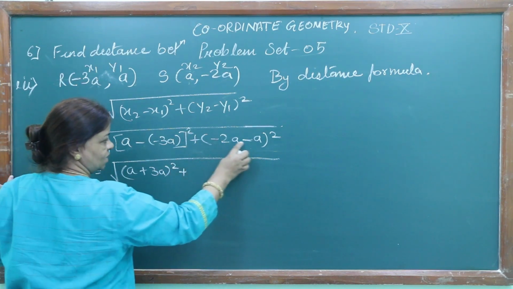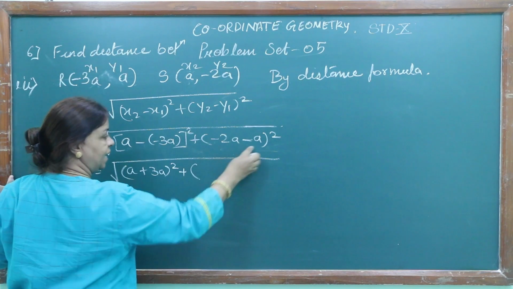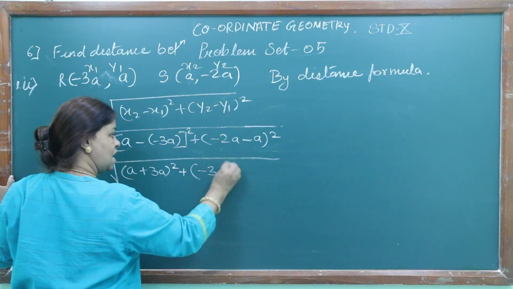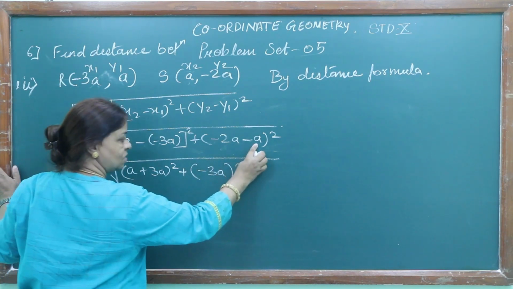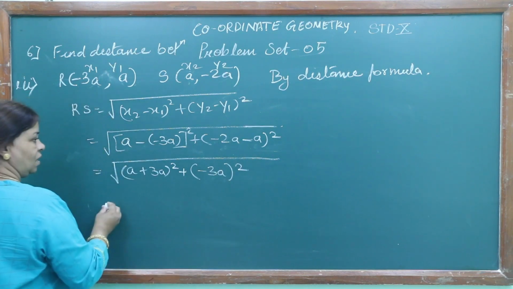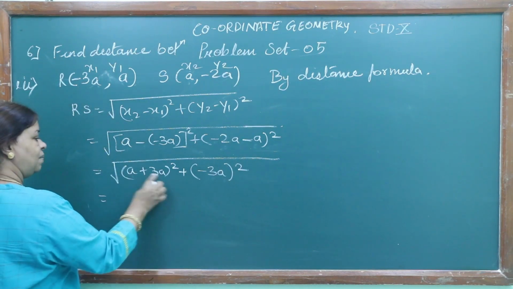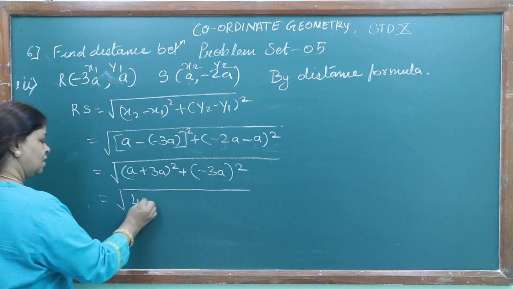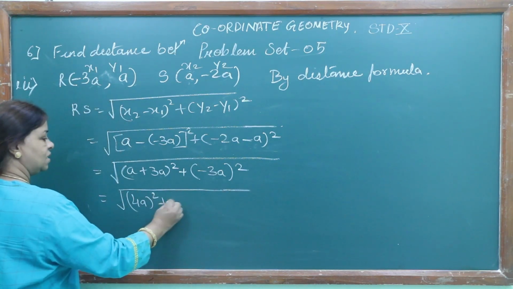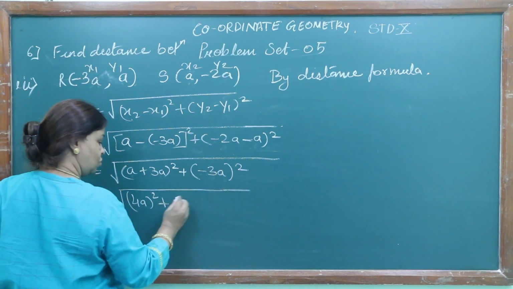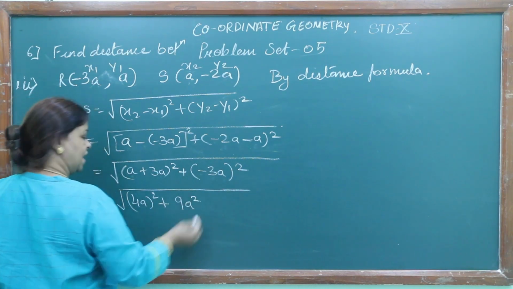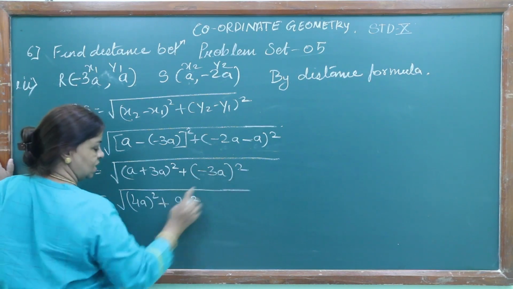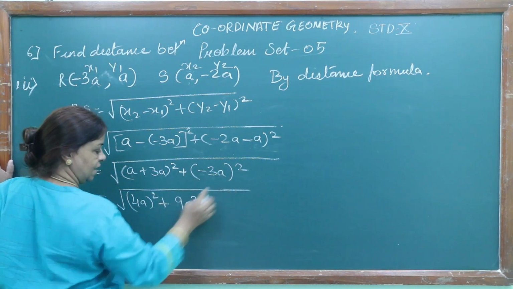children, minus will be both added, that is minus 3a the whole square. 2a minus 1a is minus 3a, and a plus 3a will be 4a the whole square plus minus 3a the whole square is 9a square, minus 3 square is 9a square.